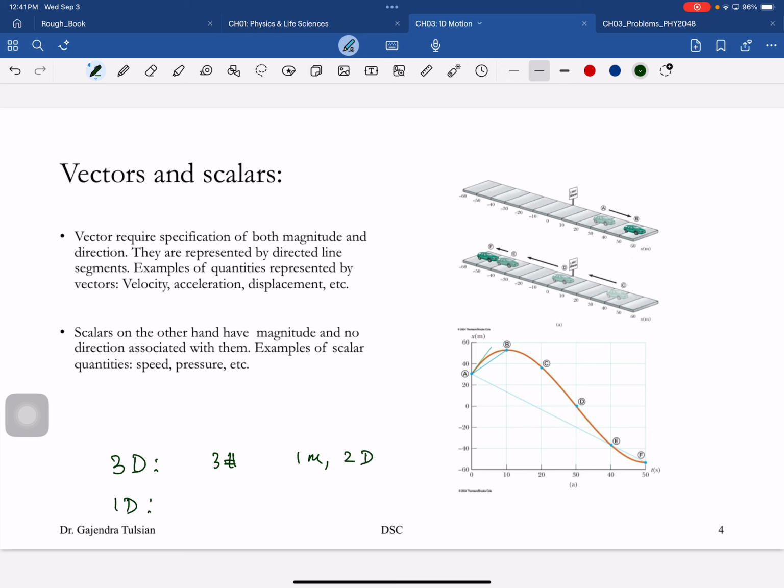And in 1D, your vector can either point this way or that way. So let's say this is 5 meters per second, and this is minus 7 meters per second. So in one dimension, there is the number for the magnitude, and the direction is just given by the sign. So you don't even need a number to give the direction. We'll remember that.